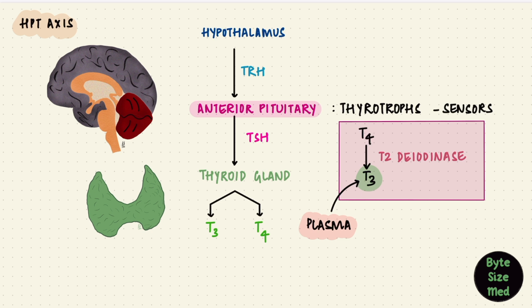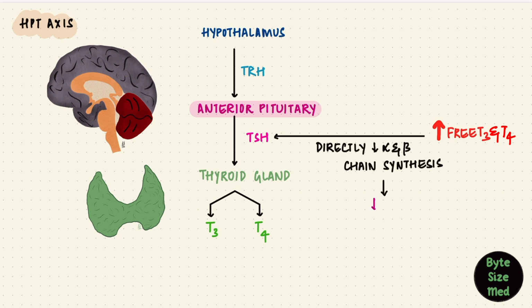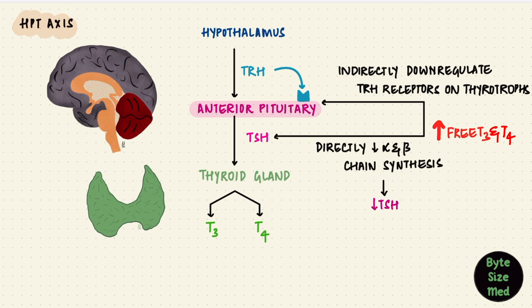So this intracellular T3 exerts negative feedback on the anterior pituitary. If the free T3 and T4 are high, they can either directly inhibit the synthesis of alpha and beta chains of TSH, or they can work indirectly by downregulating the TRH receptors on those thyrotrophs. That would reduce their sensitivity to TRH coming from the hypothalamus and thus indirectly lower TSH. So that's on the anterior pituitary.